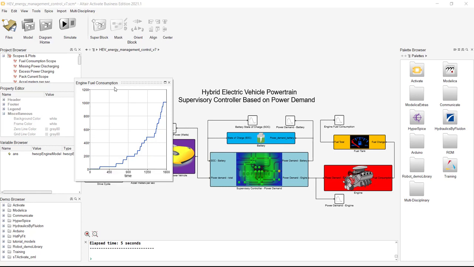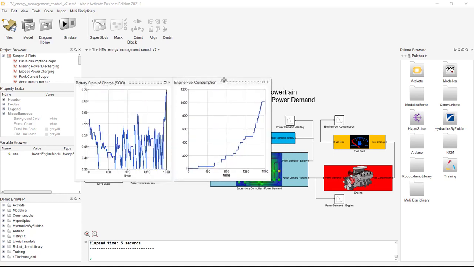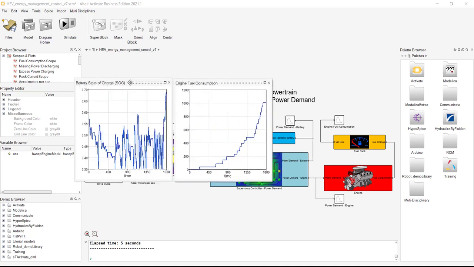So the first output that we get here is our engine fuel consumption. This is a function of the work performed by the internal combustion engine in this hybrid electric vehicle. So the fuel consumption over time. And then we also see the behavior of the state of charge of the battery.